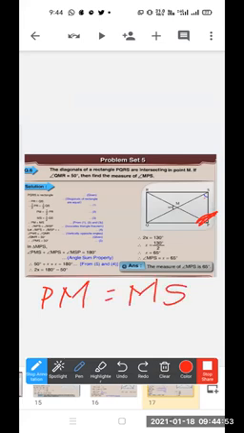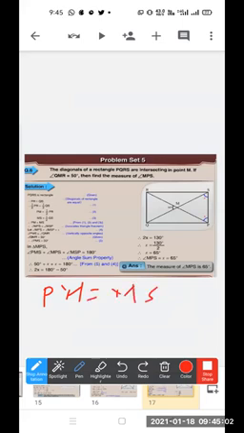Now see here, PM is equal to MS. If you consider triangle MPS, these two sides are equal, PM is equal to MS. It means it is an isosceles triangle, children.